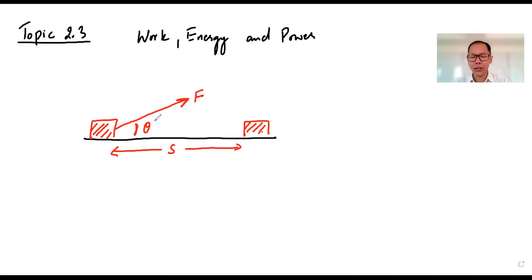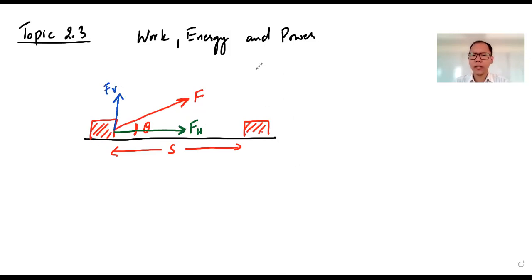In this case, the force has two components. One is the horizontal component of the force, and the other is the vertical component of the force.